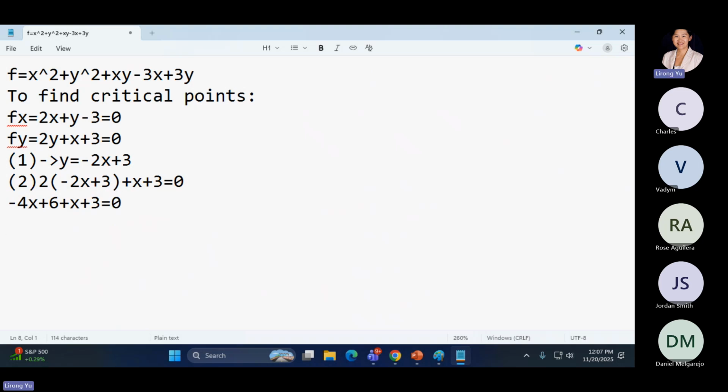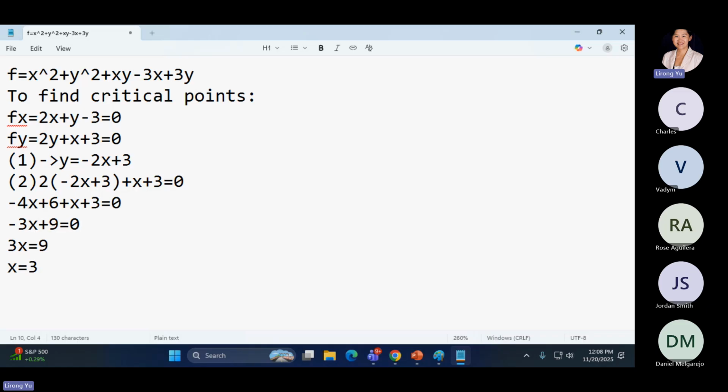That will be negative 3x plus 9 equal to 0. So we should end up having 3x equals 9. So x equals 3. And that's way out of the triangle.